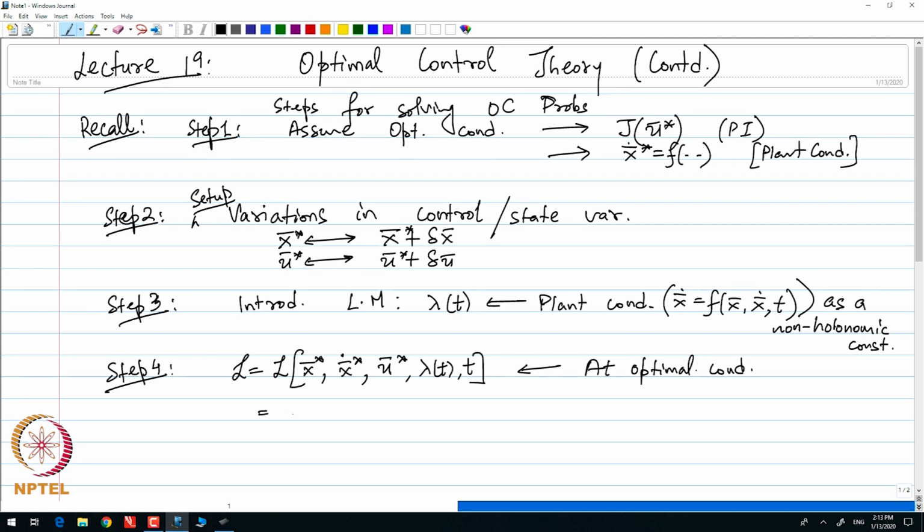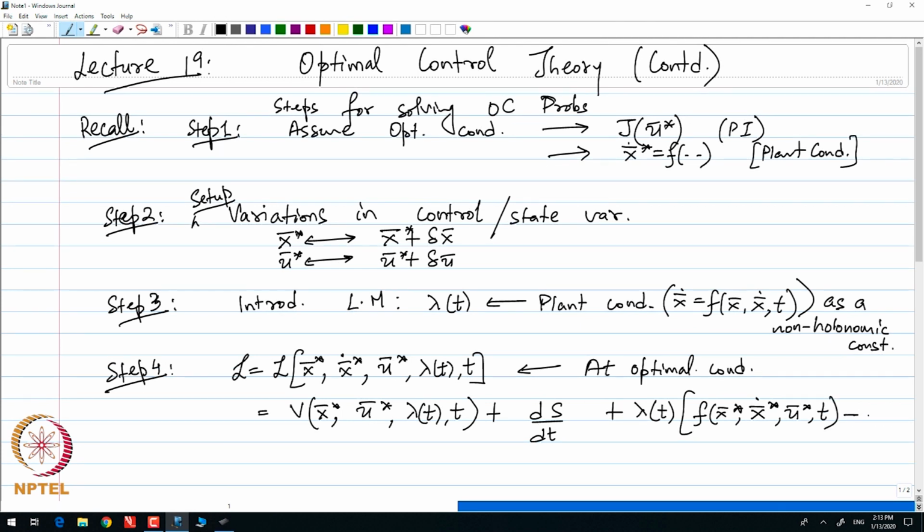So, L becomes V, with these all at optimal conditions, x star, u star, t, plus we have these additional quantities: ds dt, this is our cost function, plus lambda of t times the plant condition, f of x bar star, x bar dot star, u star, t minus x bar dot star of t.